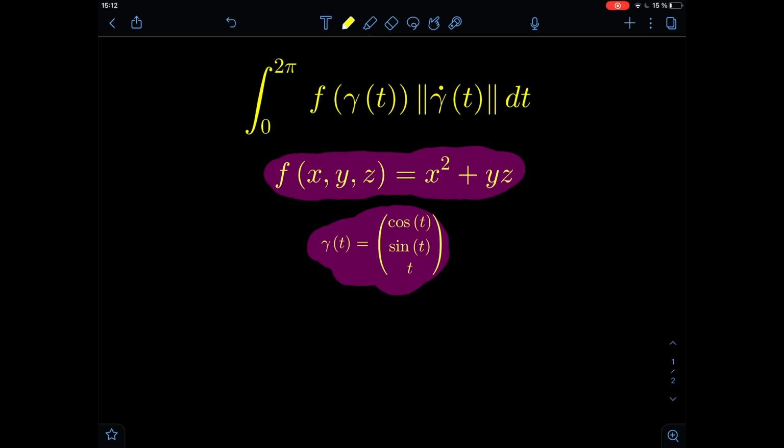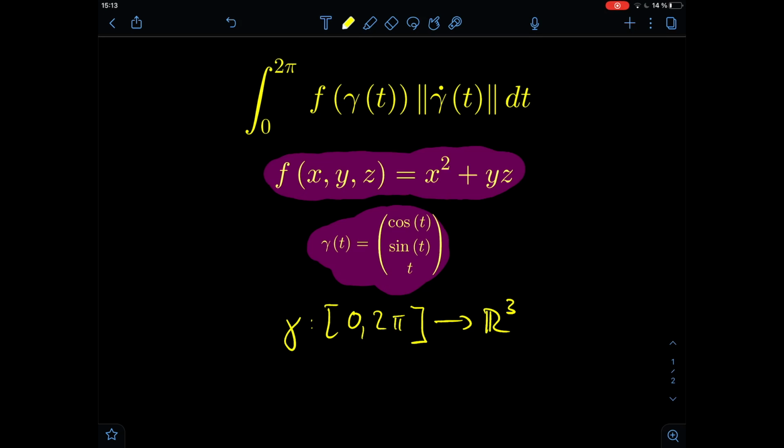And we also have that gamma is being defined on the interval from 0 to 2 pi, and the whole thing is going to be mapped onto R to the power of 3 because we're having a three-dimensional curve along which we're integrating.